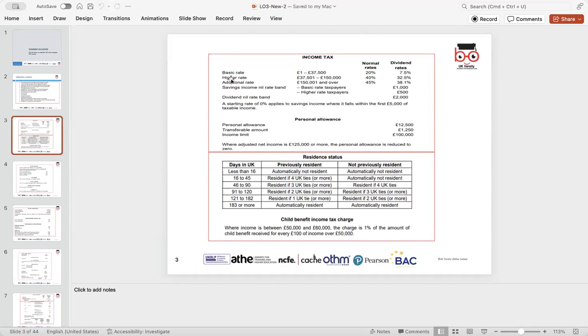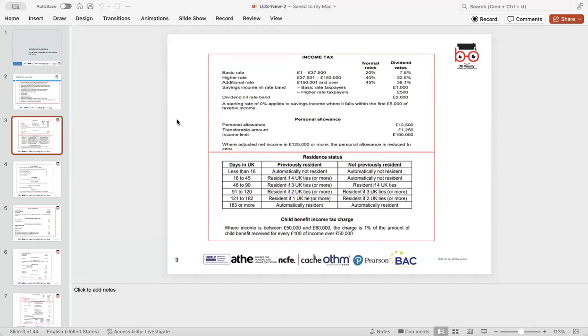For those earning between 37,501 and 150,000, the rate increases to 40% for income and 32.5% for dividends. Beyond 150,000, the additional rate applies, which is 45% for income and 38.1% for dividends. So this is the same format we discussed in our previous lectures.